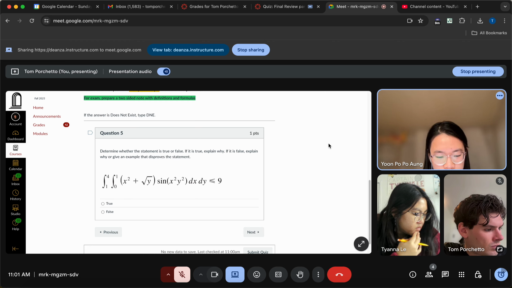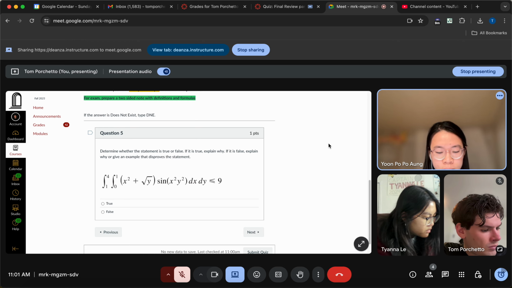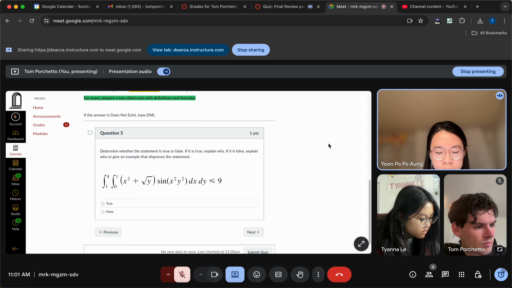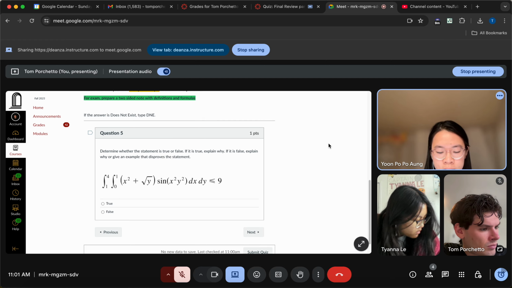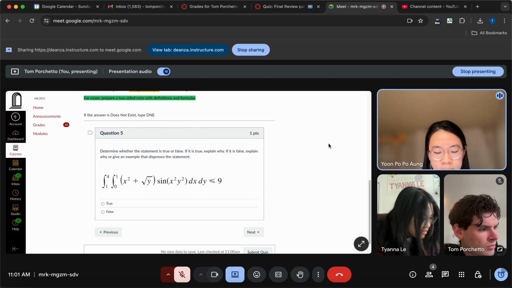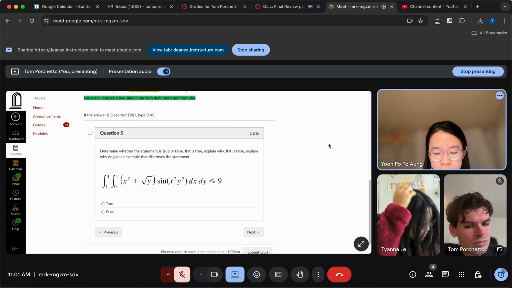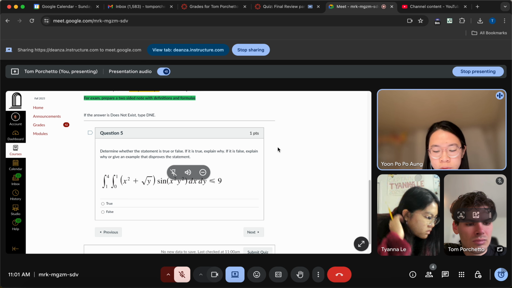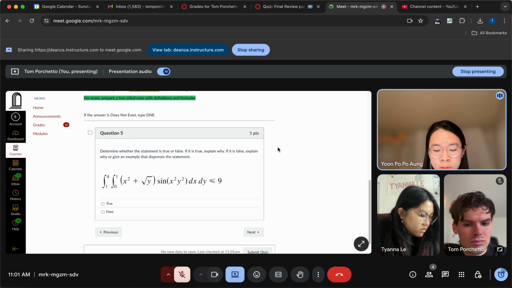Then I try to find the maximum value for x squared plus y squared. For x the maximum is one and for y it is four. So I plug those numbers into x squared plus y squared, and then I get three. I plug this into the integral, and that becomes 3 times 3, which is equal to 9. So it means that the statement is true.